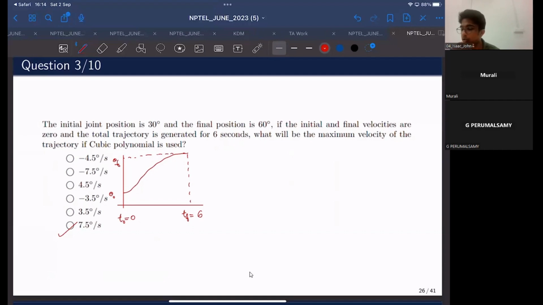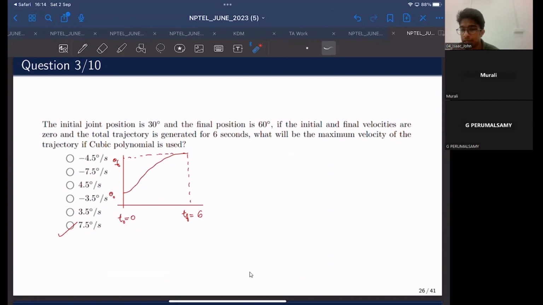You can either solve this analytically or numerically. All sorts of possible things are available. So I'll briefly explain the procedure. I guess the numerical answer is indeed 7.5. That is indeed the correct answer.